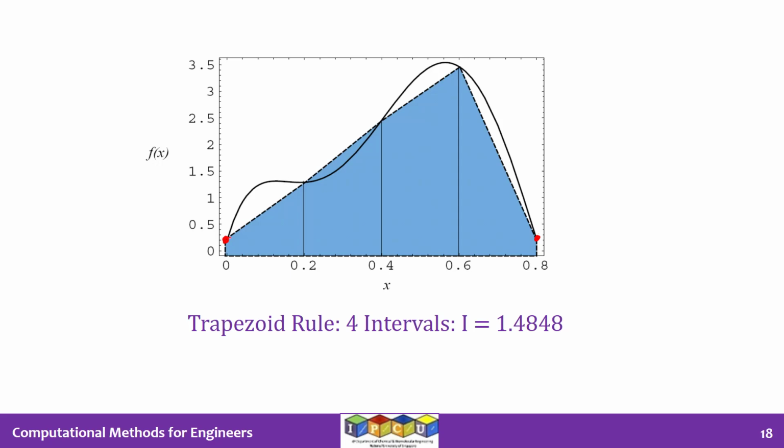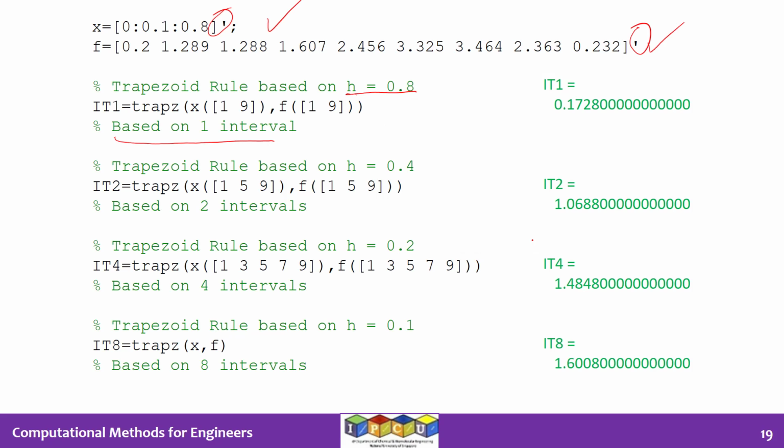If I consider only these 2 points and connect them by a line because I'm doing linear interpolation, that is what the trapezoidal rule is about, the area that I'll estimate is this area. It is going to miss out a huge area that's under the curve. So therefore we will expectedly get a poor estimate of the integral value. So I get only 0.1728.